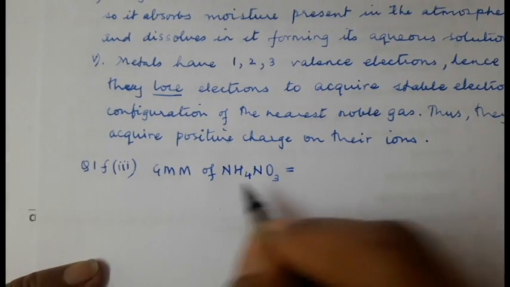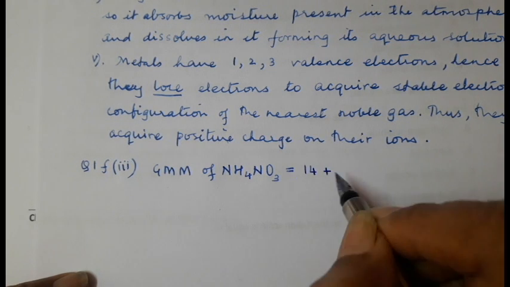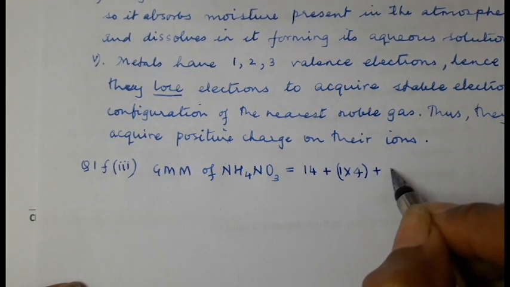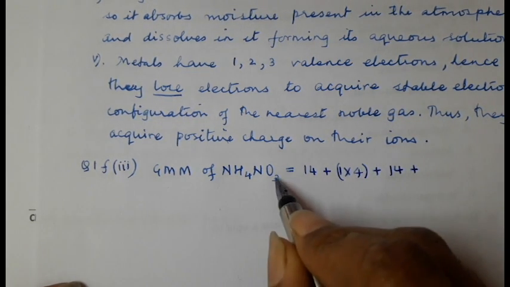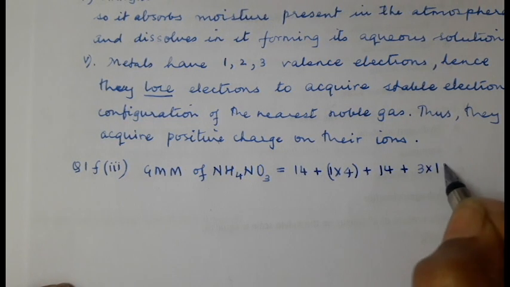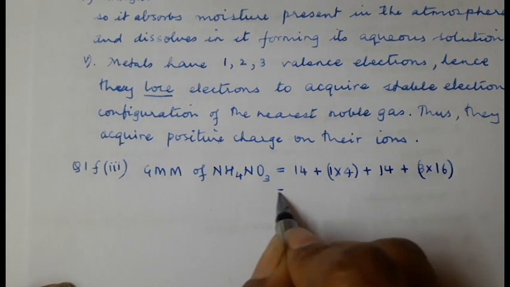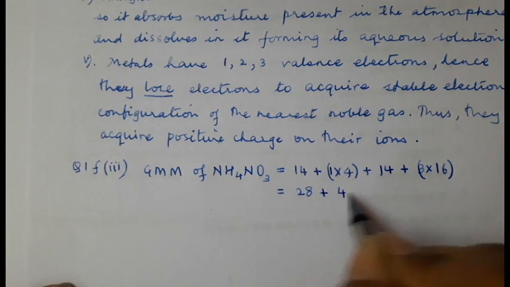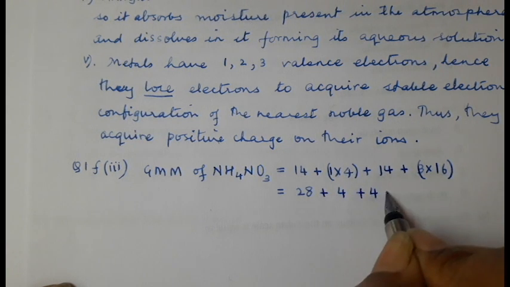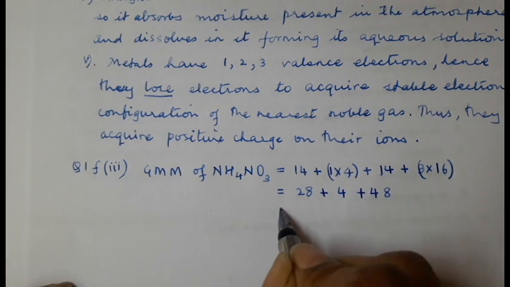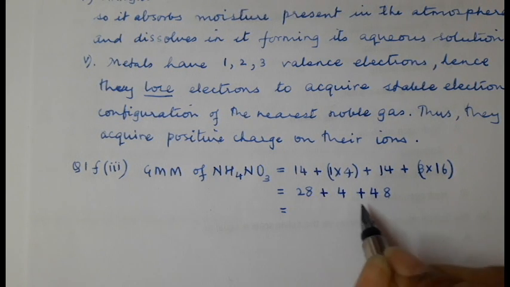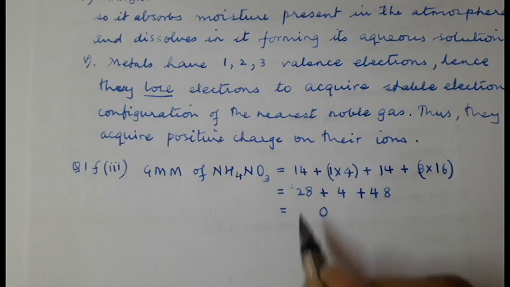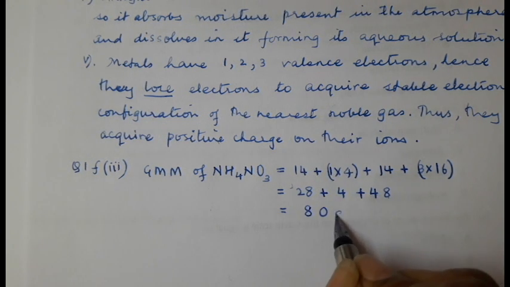So nitrogen is 14 plus H is 1 into 4 plus again N is 14 plus oxygen is 3 into 16, which will give us 14 and 14, 28, plus 4, plus 48, that is 16 into 3. That will give us 8, 8, 16 and 4, 20. Carry 2. So you'll have 4 and 4, that is 80 gram.